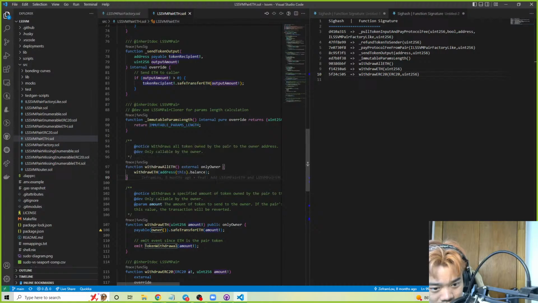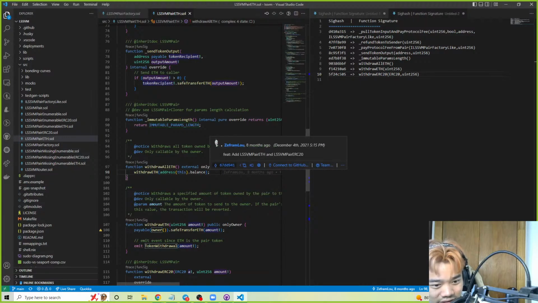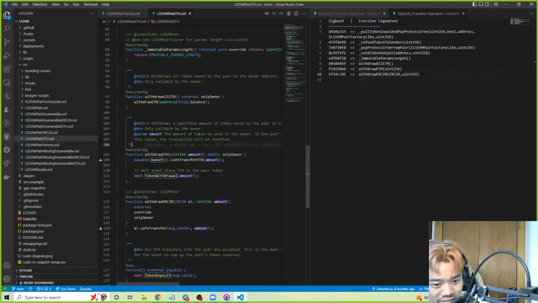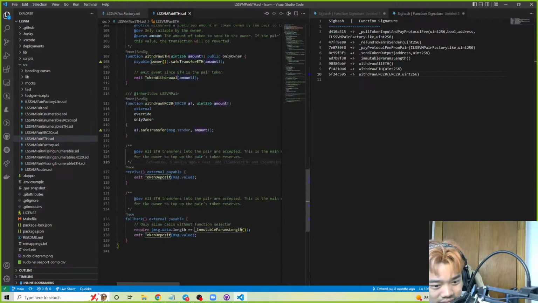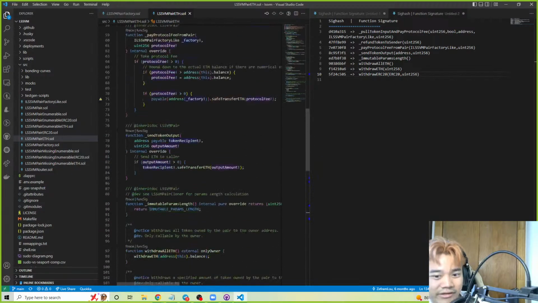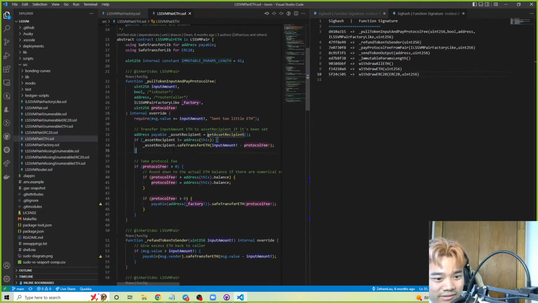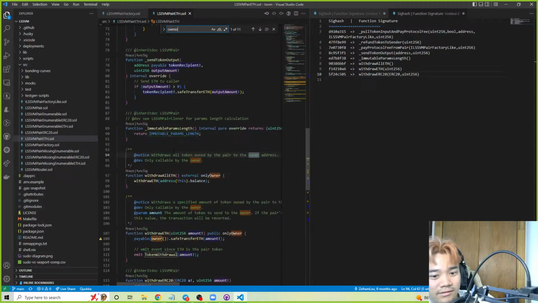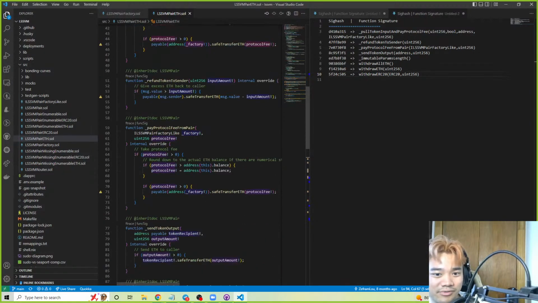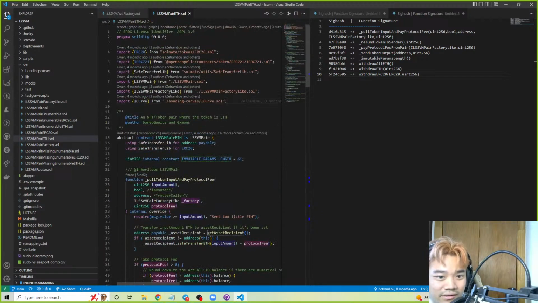So the owner of the pair can withdraw all of the ETH. Wait, okay, the owner is the person who created it, right? Hold on, where's owner set? Yeah, okay, it's the person who deployed the contract because they're using the ownable modifier, assuming.